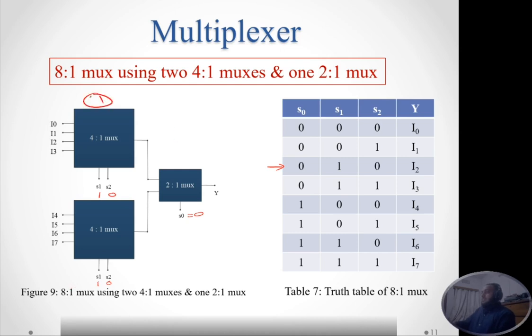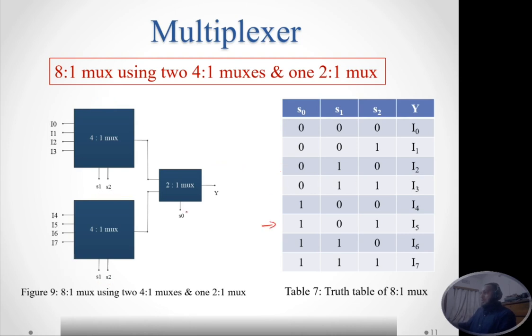So for the first 4:1 mux, we will get the third input as output. For the second 4:1 mux, we will get the third input as output. And these are the inputs of the 2:1 mux, and as S0 equals 0, we will get the first input as output. So we are getting I2 for this pattern.